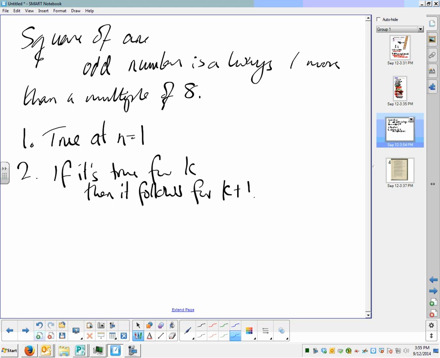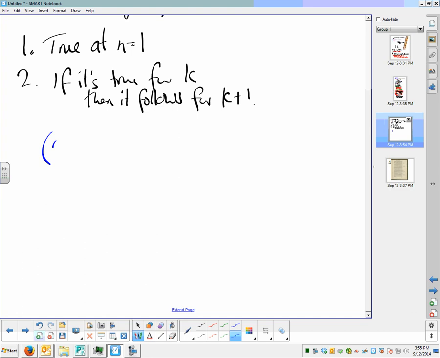So the square of an odd number, say 2n minus 1 squared, is one more than a multiple of 8. So I'm going to write 8 divides 2n minus 1 squared minus 1. That's what I'm trying to prove. Let's break that down.